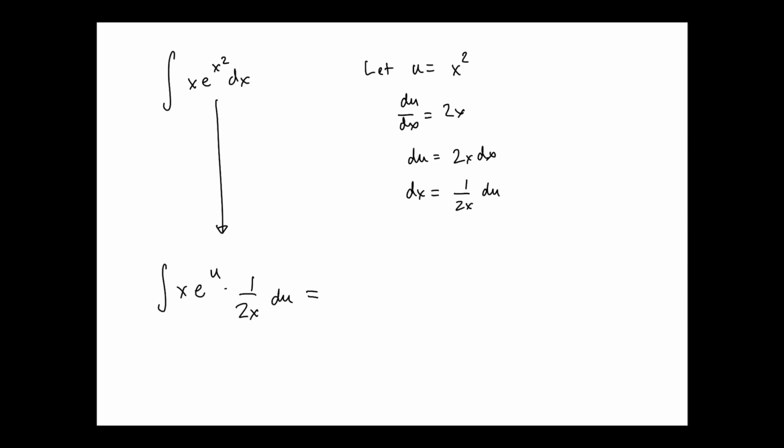Now, at first glance, you might say, wait a minute, Dr. McKinney, you said that x's and u's in the same expression was verboten. But what can we do here that we couldn't do in the last one? We can combine and simplify things, and in particular, the x's cancel, and so what we're left with only has u's in it, and this constant.